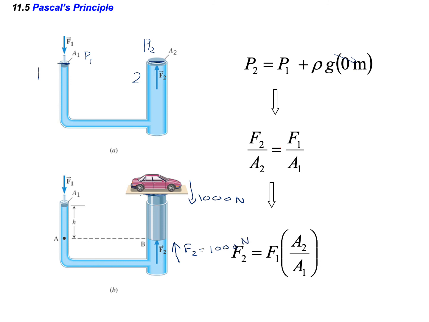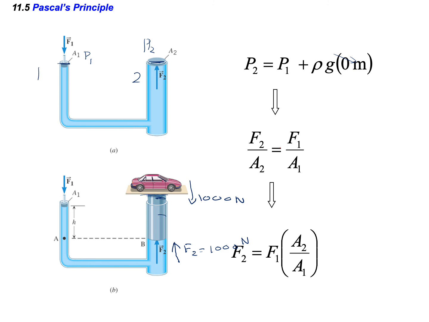So you can keep this car in equilibrium by applying a smaller force. If you use especially your hand, you cannot apply a force to keep the car in equilibrium. But because of this Pascal principle, you can change the area in such a way that you can use a small force, but you still can keep the car at a constant or equilibrium position.